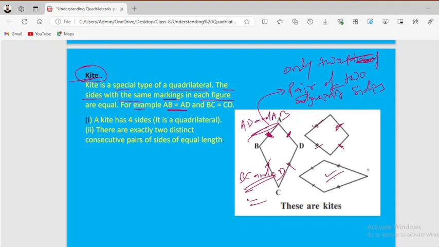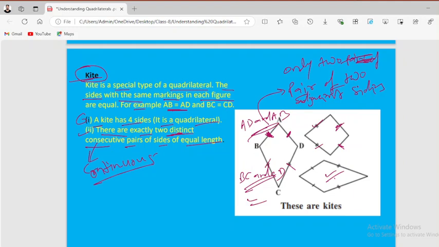Same in this figure. So these figures represent the kite. A kite has four sides. It is a quadrilateral. Second point, there are exactly two distinct consecutive pairs of sides of equal length. Consecutive means continuous.